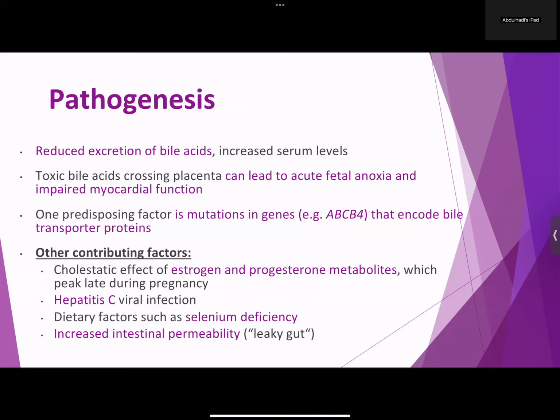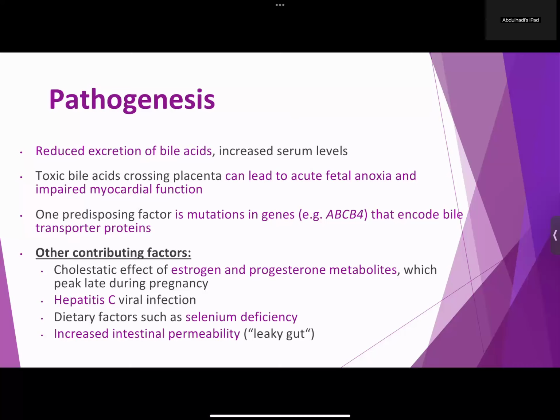What happens is probably from the pressure: there is a reduced bile secretion and excretion from the increase in the abdomen and also the pressure on the gallbladder. It can lead to fetal anoxia and also impaired myocardial function. There is a predisposing factor, which is a mutation in ABCB4 that was in the literature over the last few years as a publication.